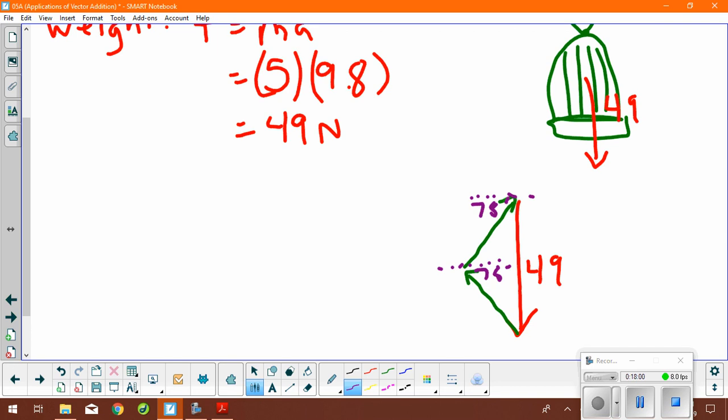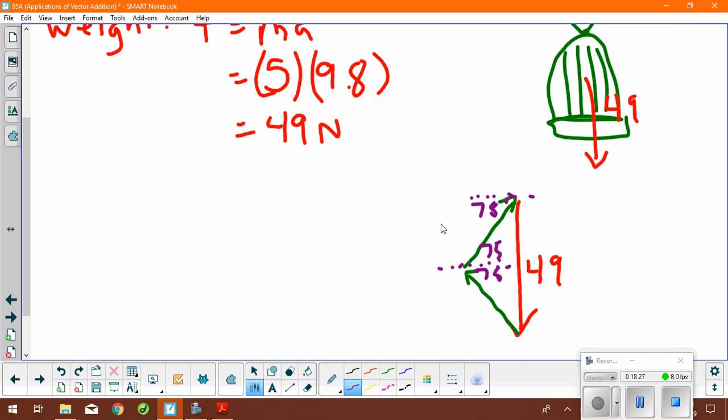Now, by the Z pattern, if I go back and forth this way, 1, 2, 3, that tells me the other angle in here is also 75 right there. So we'll add that on. That is also 75. So I have a combined angle of 150 in the middle. And that's enough to figure out what I am missing here.